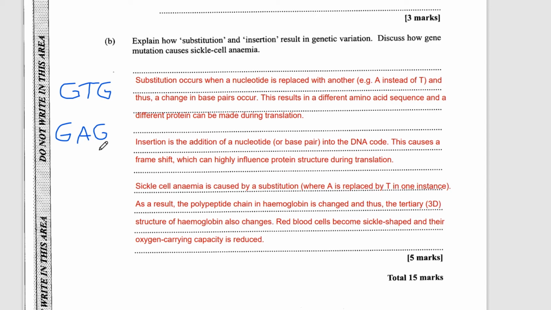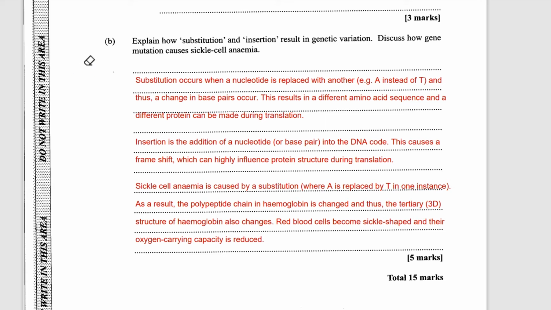And we end up with a problem, because when we need to make the RNA equivalent to this, remember, G pairs with C, and T pairs with A, and the RNA equivalent, A for RNA wouldn't pair with a T, it would pair with a U, and G would pair with a C. So what we end up with is the translation of an entirely different protein from these base pairs.